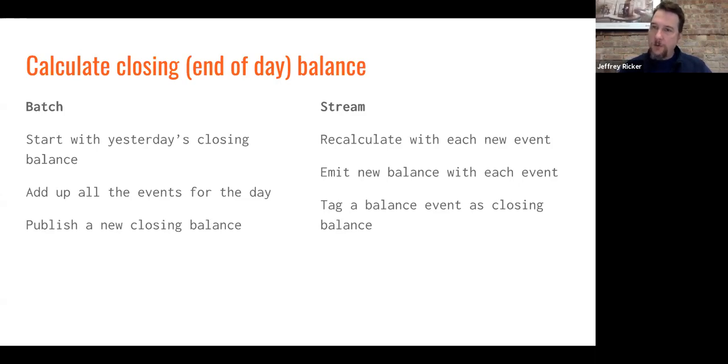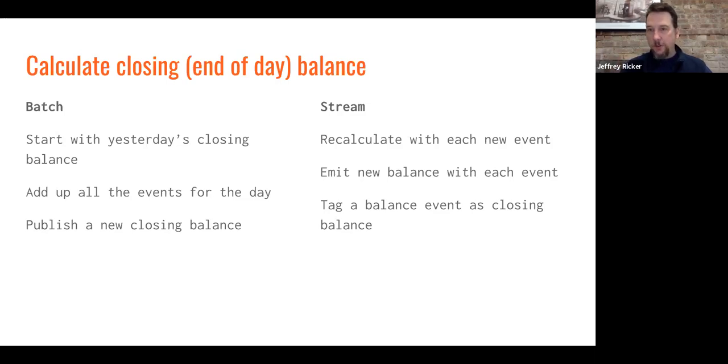So with streaming, you're constantly recalculating with each new event, and you're emitting a balance with each new event. So there is no stop trading, figure out the balance. It's just every single time there's a change, you publish a new balance. And then if there is a need for a closing balance, because a lot of legacy systems, legacy legal issues and accounting issues expect things like a fixed time, right?